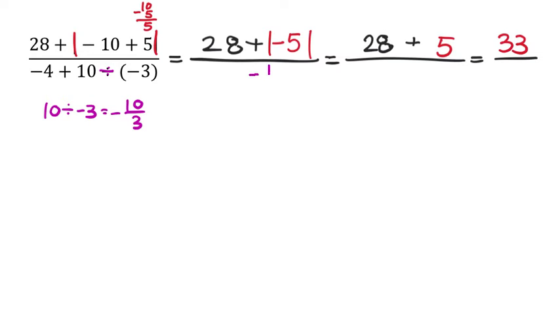So negative 10 thirds. Now the rest of it was negative 4 plus that negative 10 thirds, which I now need to do. In order to do that, I will need to show negative 4 over 1 so that I can force the denominators to be the same. I know a 3 is just a multiple of 1, so I'm just going to scale it that way. I'm going to multiply the denominator by 3 in order to make the new denominator 3.